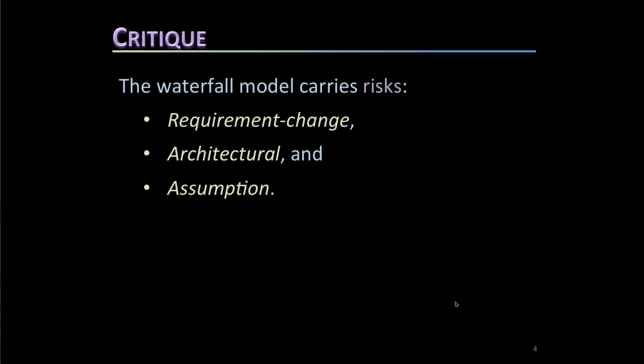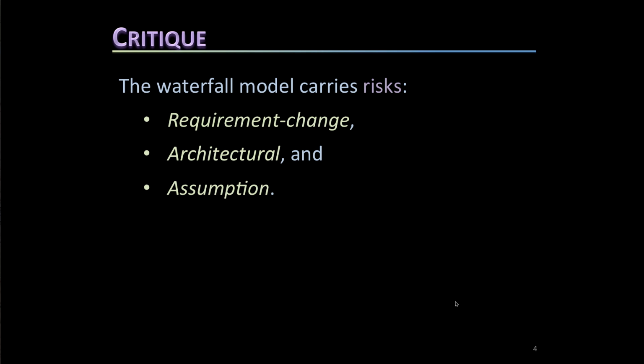The first one is requirement change. You sat with the client, you gathered the requirement, and then you went ahead, produced the document so the designers can work on it. But by the time it got implemented, the client now has a different requirement. All right. So the waterfall model works fine as long as the business never changes its mind as to what it is that they want to implement.